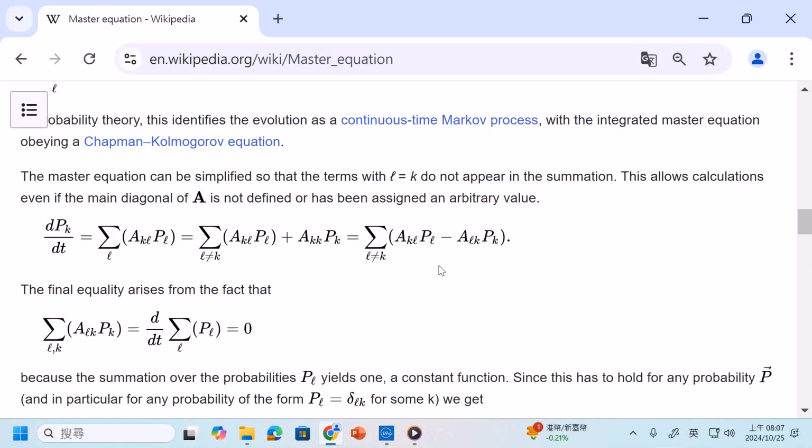It describes only one dimension. In the chemical master equation, you have many reactions, just as we did in reaction engineering. But in reaction engineering, we describe the concentration, not the probability. So they are different ideas, different concepts.